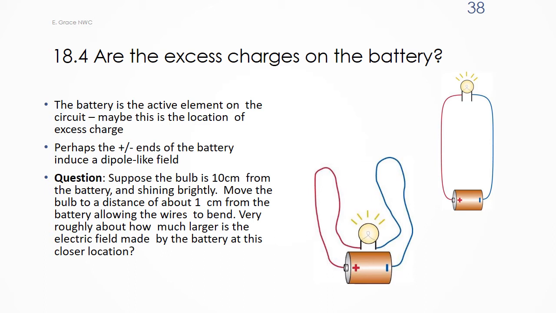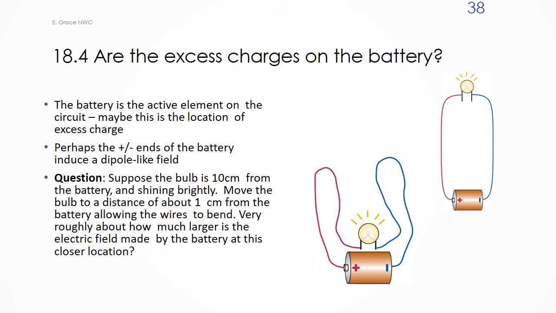It's very simple, but basically you can take a bulb and move it 10 centimeters away from the battery, and then you can move it so that it's about 1 centimeter away from the battery. So if the dipole was charged, you would expect that bulb would get much brighter by being closer to that electric field because of that distance dependence. I mean, when you get close, it adds up fast.